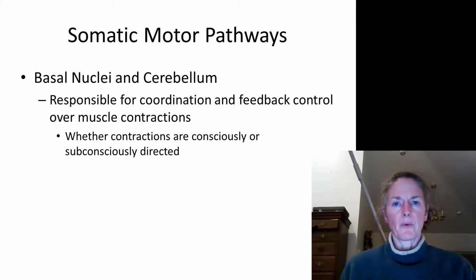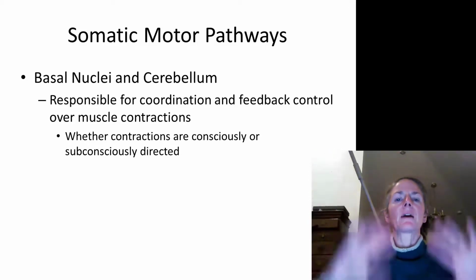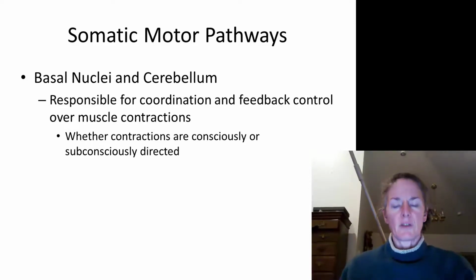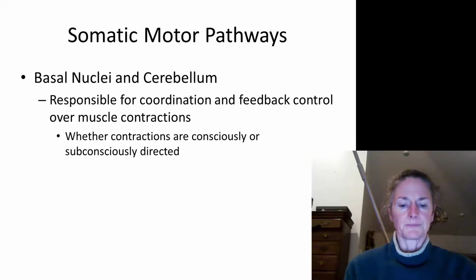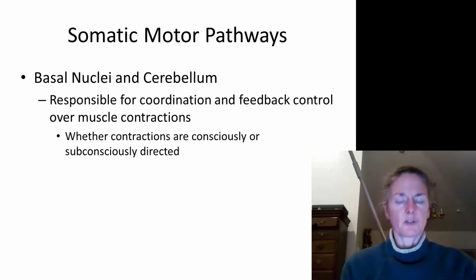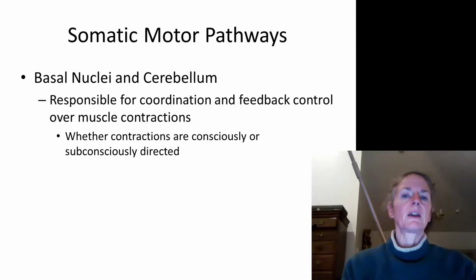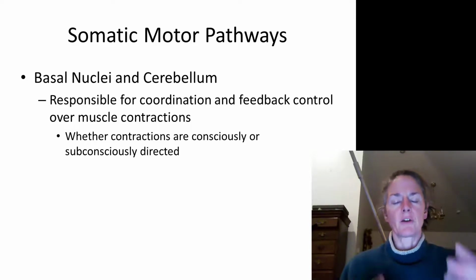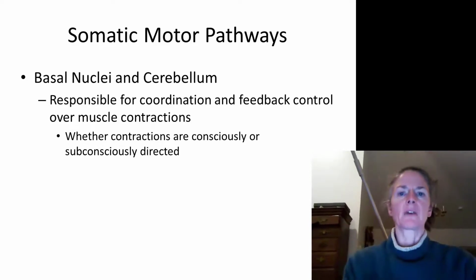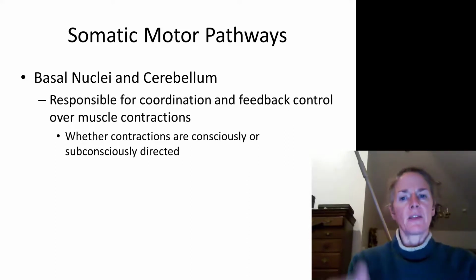So we have two pathways. We have one pathway that sends a feedback loop through the thalamus to the premotor cortex, and we also have another pathway that synapses on the upper motor neurons of the reticulospinal tract. So the basal nuclei are very important for generating smooth movements and coordinating patterns of movement, so movement patterns, and initiating movement patterns that are already well established, and then stopping those movement patterns.